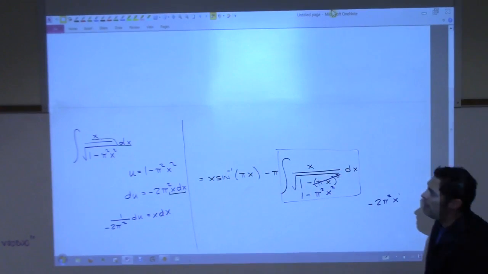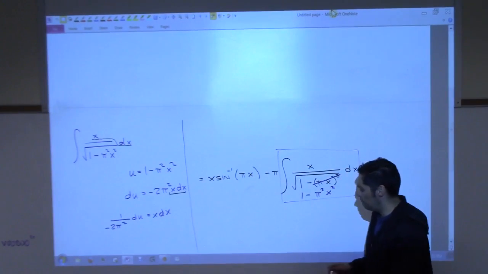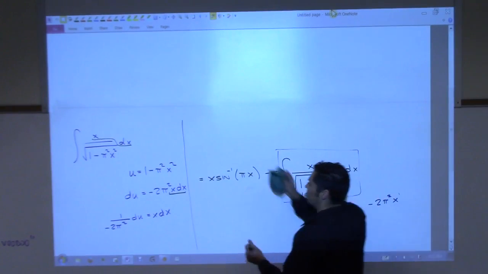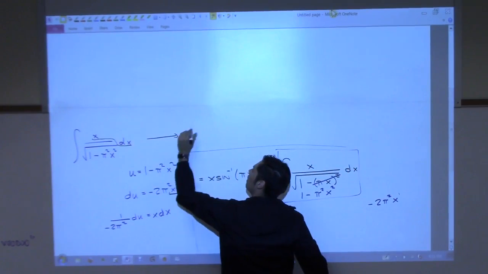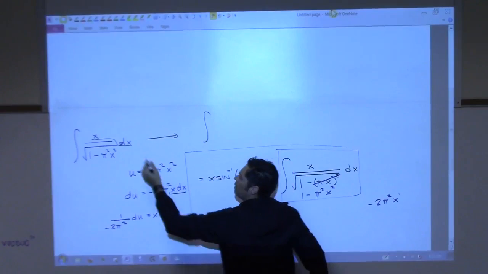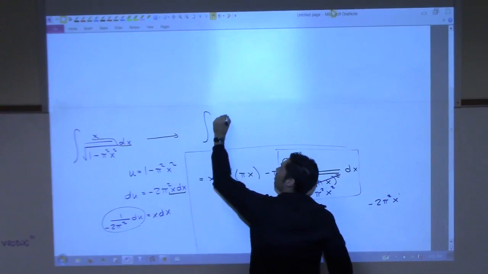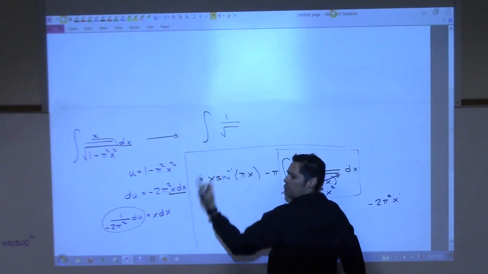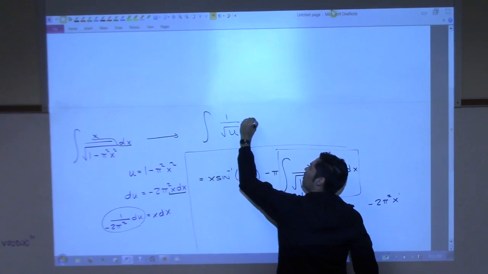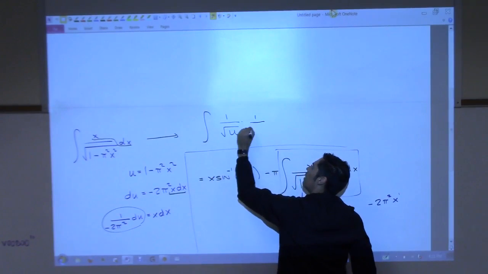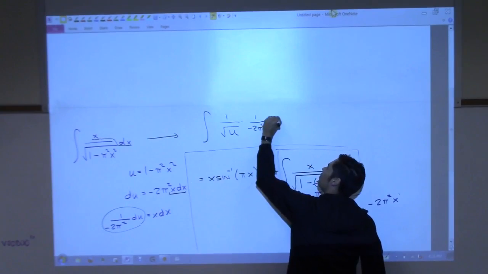And I believe, Mohammed, now you can rewrite the whole problem, can't you? So what is that whole problem going to rewrite into? So this is going to be integral. That x dx is going to be all this stuff, right? But you'll still have 1 over square root of, you said it, right? U. And then 1 over negative 2 pi squared times du.